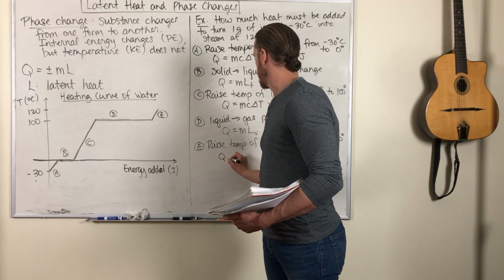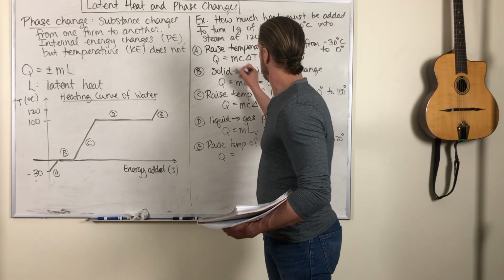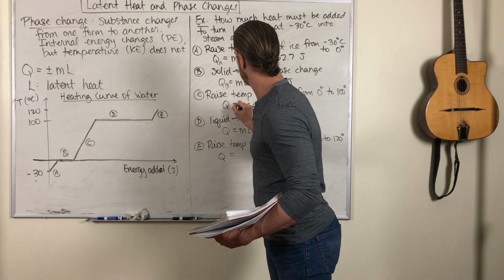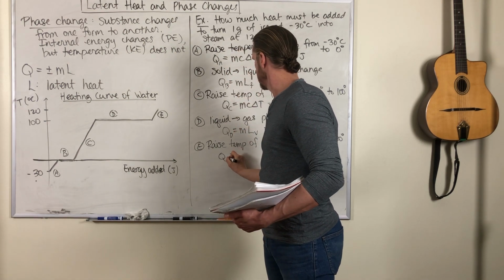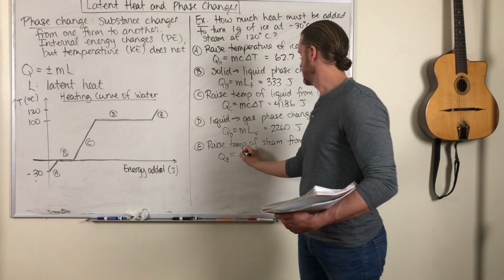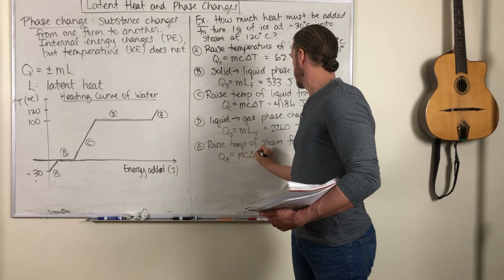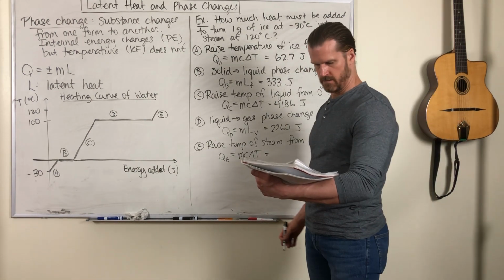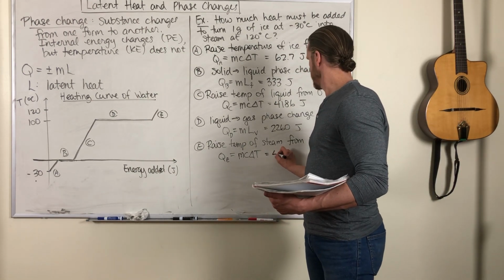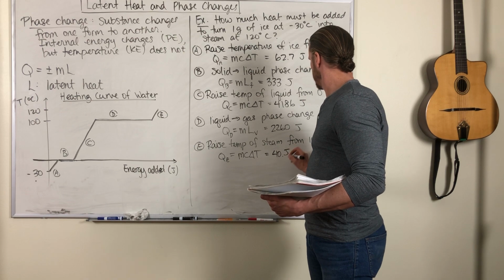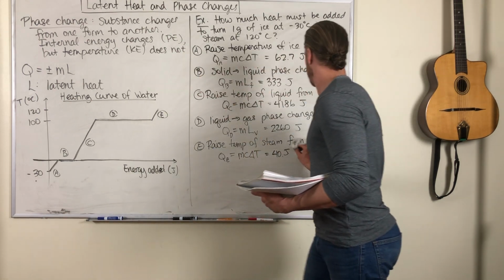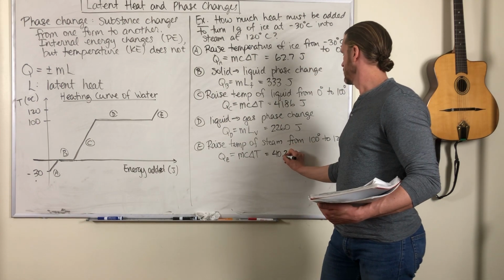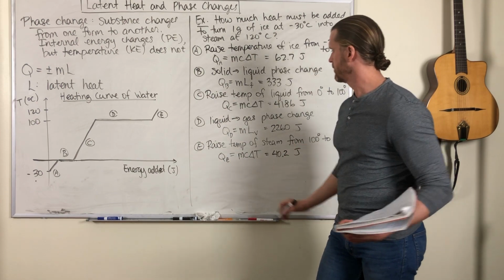And the heat required there, I should label these A, B, C, D, and E. mc delta T. 40.2 joules.